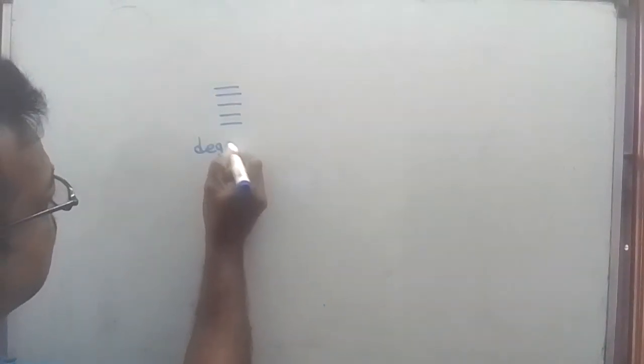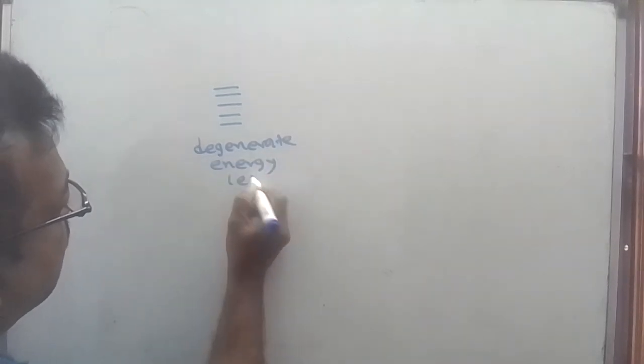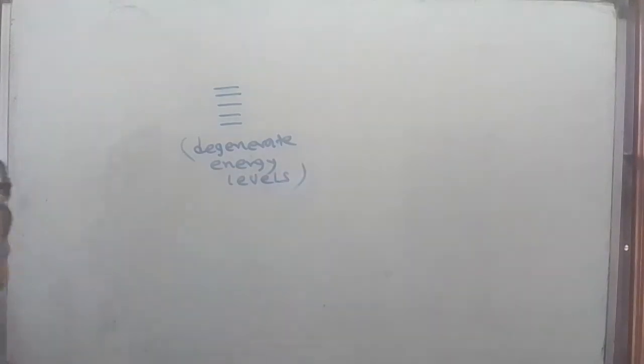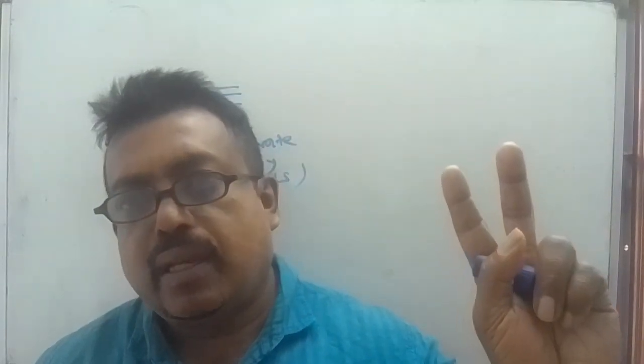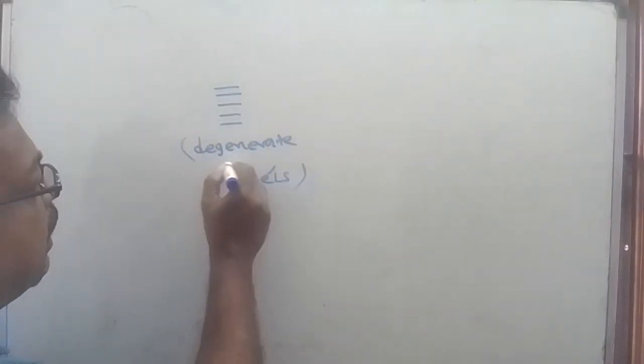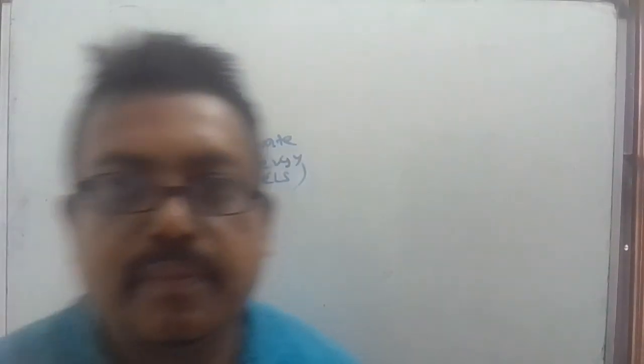Their energies are identical, so we call them degenerate energy levels. Here, due to 2 reasons, these degenerate d orbitals split into 2 energy levels, like this.